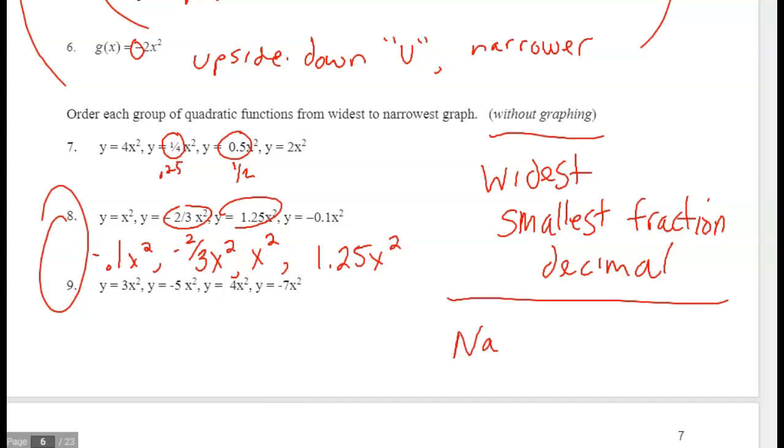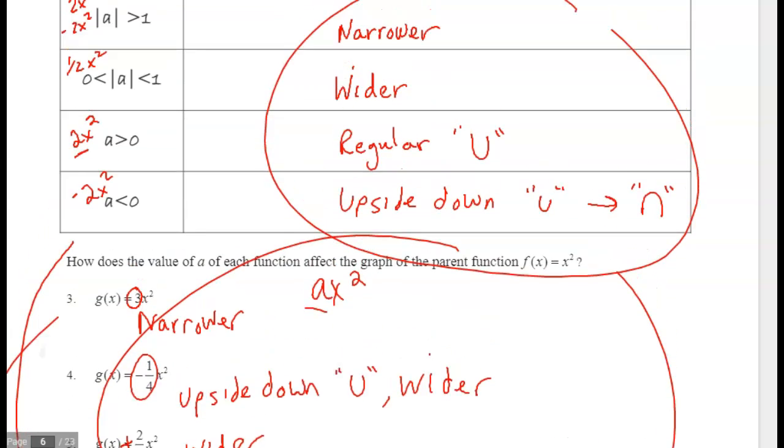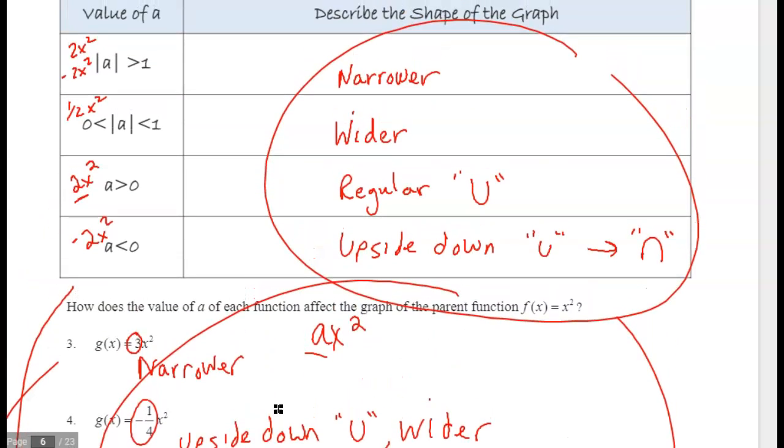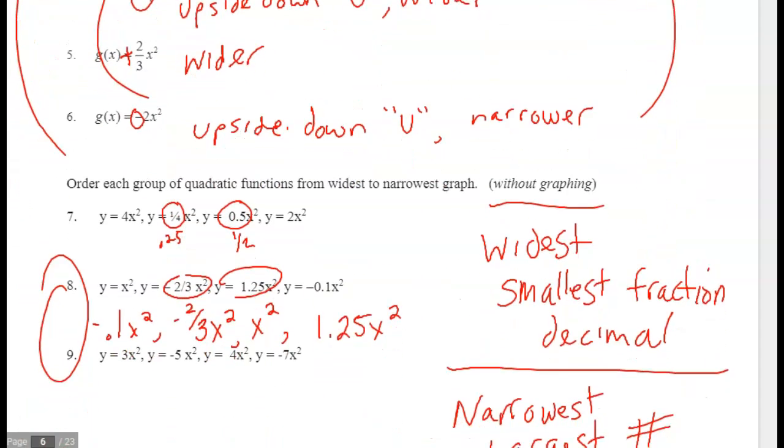The narrowest is just going to be your largest number bigger than 1. So that goes back to these definitions up here. The larger we are compared to 0, the narrower it is.